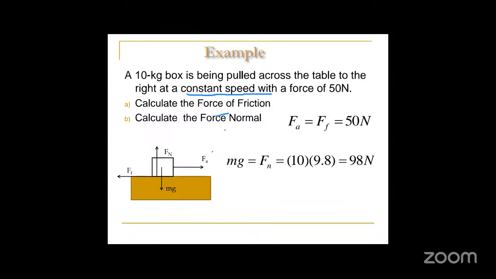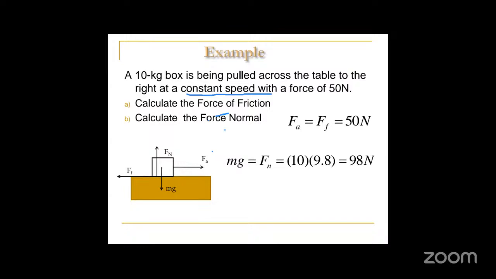Remember that Newton's first law states that an object at rest remains at rest, or in motion in a straight line at constant speed, which means the object is not accelerating. If the object is not accelerating, the forces acting on the object are all in equilibrium. So this is a Newton's first law problem.